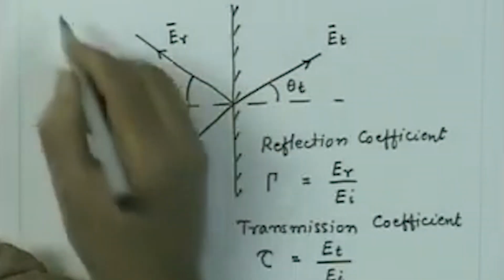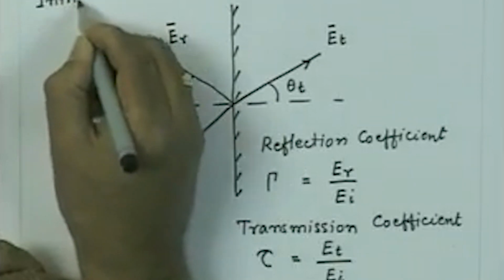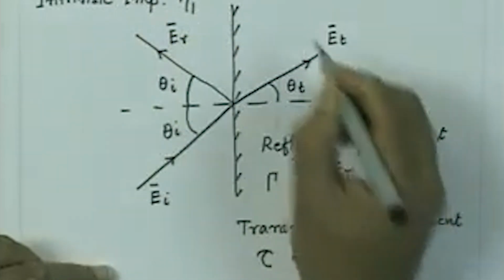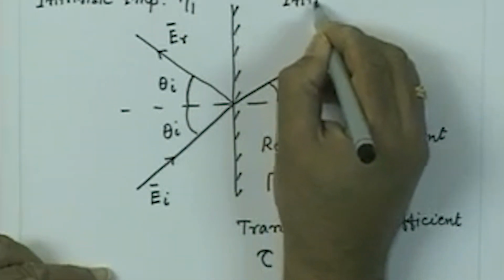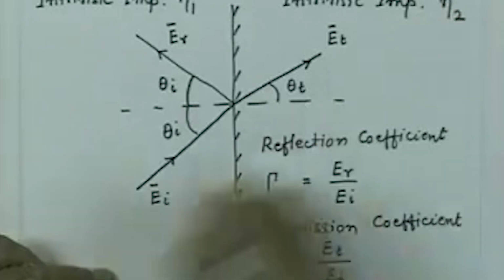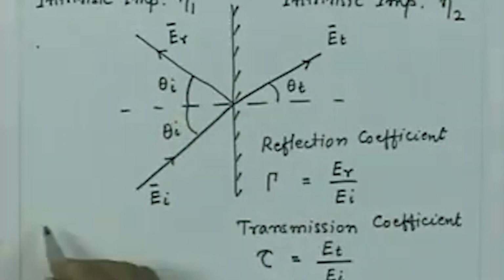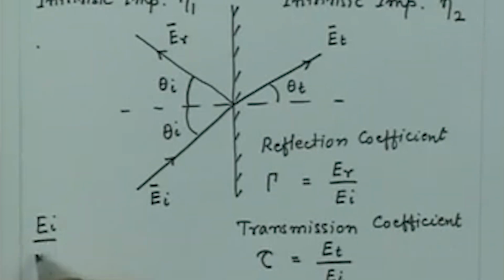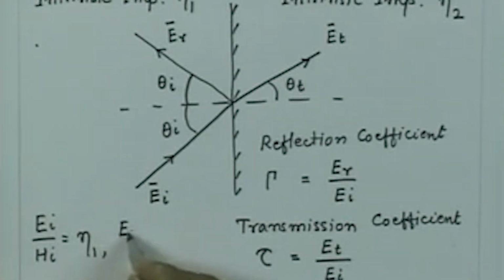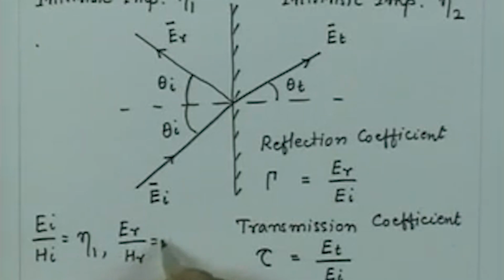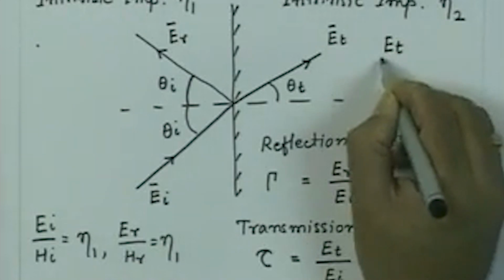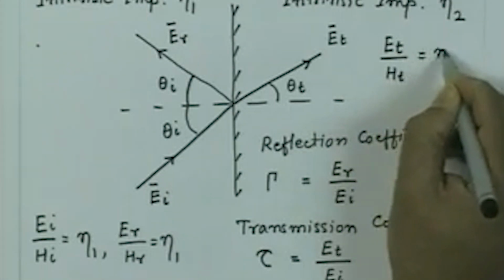So, if I say the intrinsic impedance for this medium is, let us say, eta 1, and intrinsic impedance for this medium is eta 2. We know for this medium Ei by Hi is equal to eta 1, also Er by Hr is equal to eta 1, and Et by Ht is equal to eta 2.